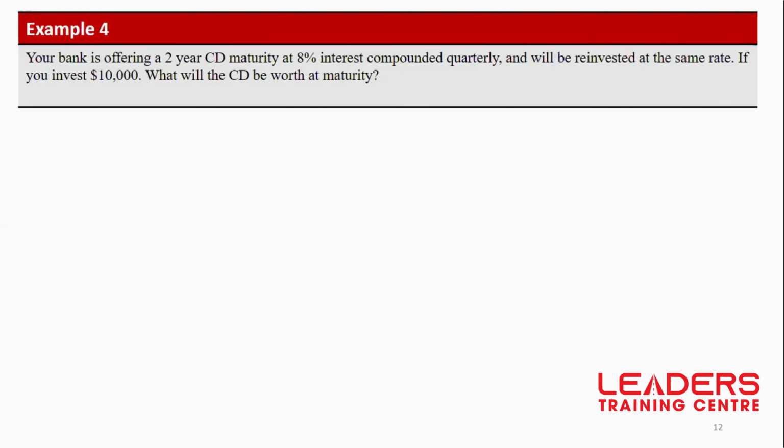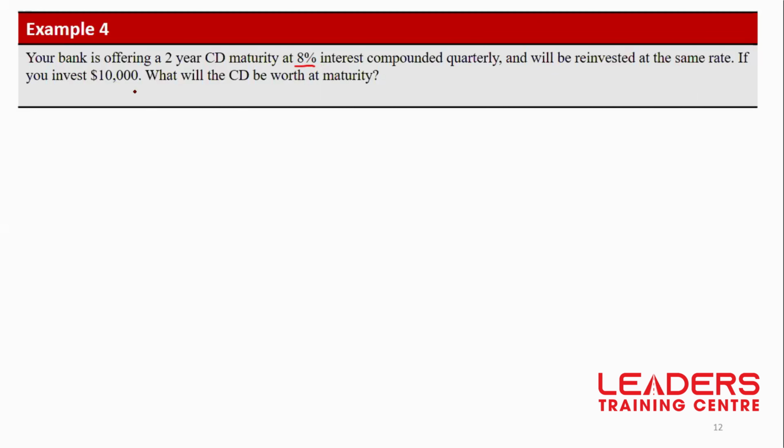We said your bank is offering a 2-year CD maturity at 8% interest compounded quarterly. As I mentioned, interest rate by default will always be annual, but it's compounded on a quarterly basis. So this 8% is not per quarter, rather it's per year, and we need to adjust it, and it will be reinvested at the same rate.